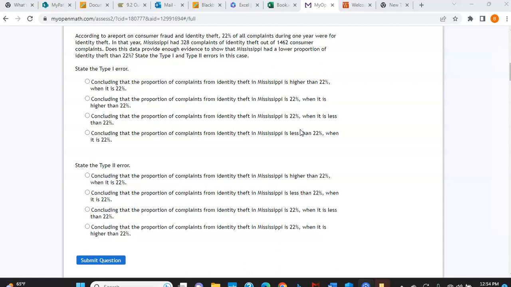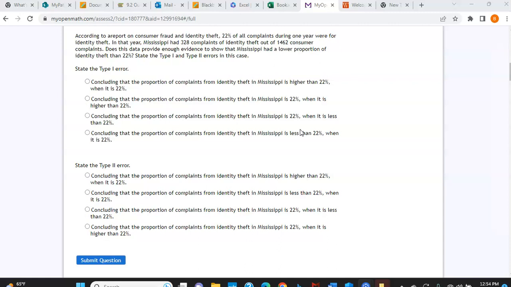Our alternate, on the other hand, is the question. The question is, is there enough evidence to show that Mississippi had a lower proportion of identity theft than 22%? So that's that our percent is less than 22%. That's our alternate hypothesis.